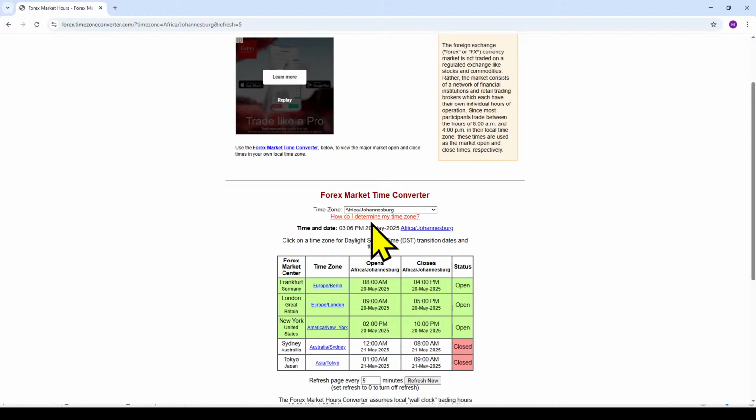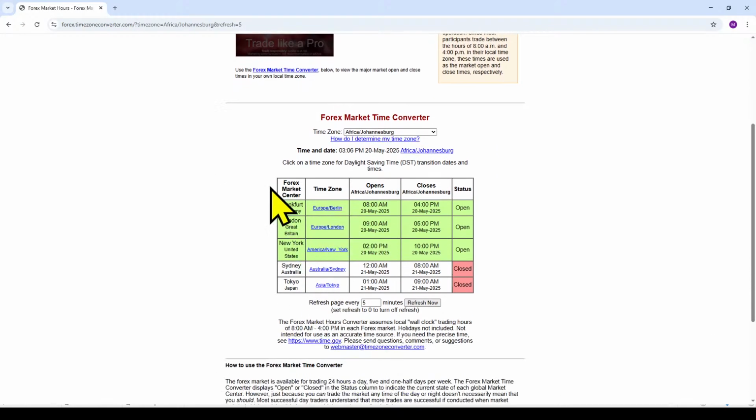So mine is Africa, Johannesburg. So the times that you see here are going to be specific for South Africa. Okay, so if you're outside of South Africa, you need to make sure that you set this website to your correct time zone, so that it gives you accurate times, right?